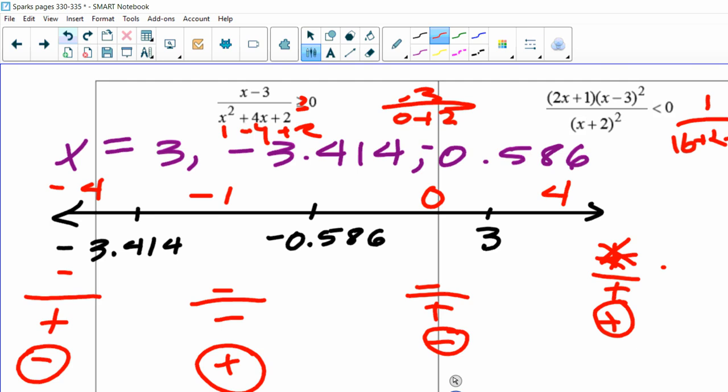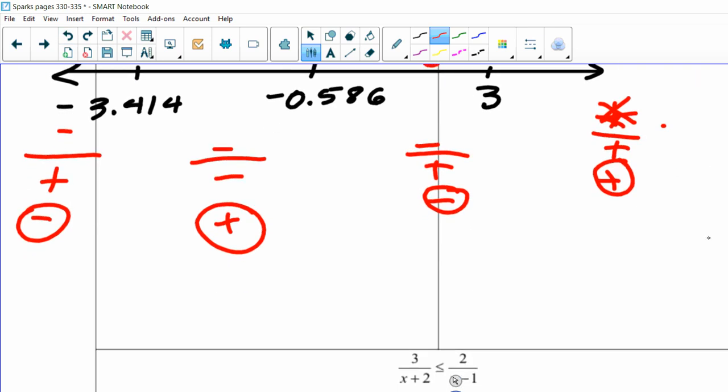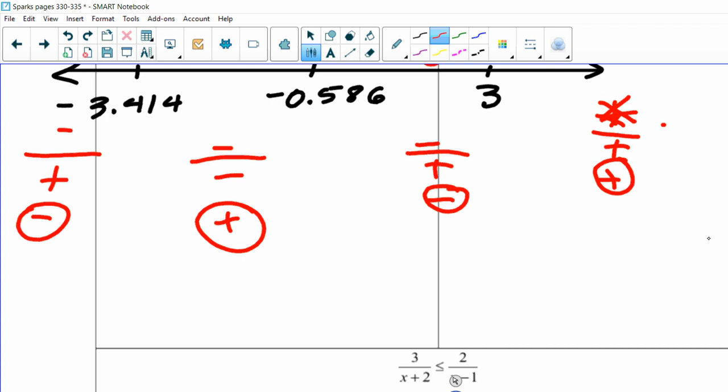Are we using the black numbers? Yes. Now start right.